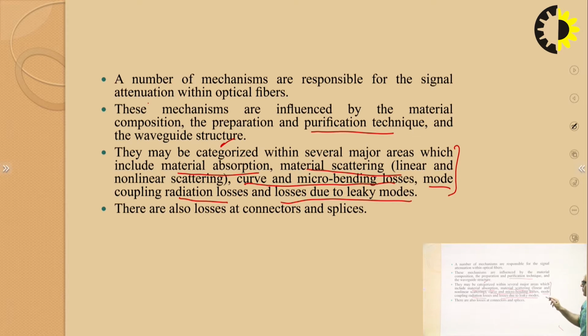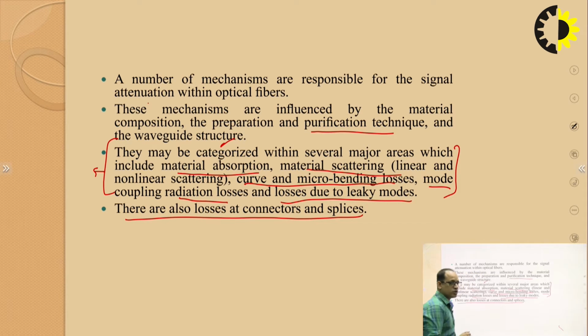These are all factors or areas which mainly contribute to the attenuation of the signal, and there are a number of other factors which are also added to the attenuation or loss in the optical fiber cable, that is loss due to the connector and loss at the splicing.